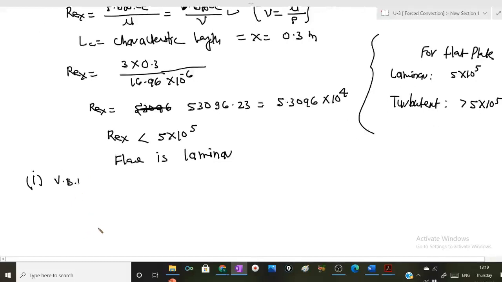I am representing velocity boundary layer thickness by delta H. It is also called hydrodynamic boundary layer thickness, and since I am calculating it for local distance x, it is represented by delta suffix Hx. From here I can get its correlation.